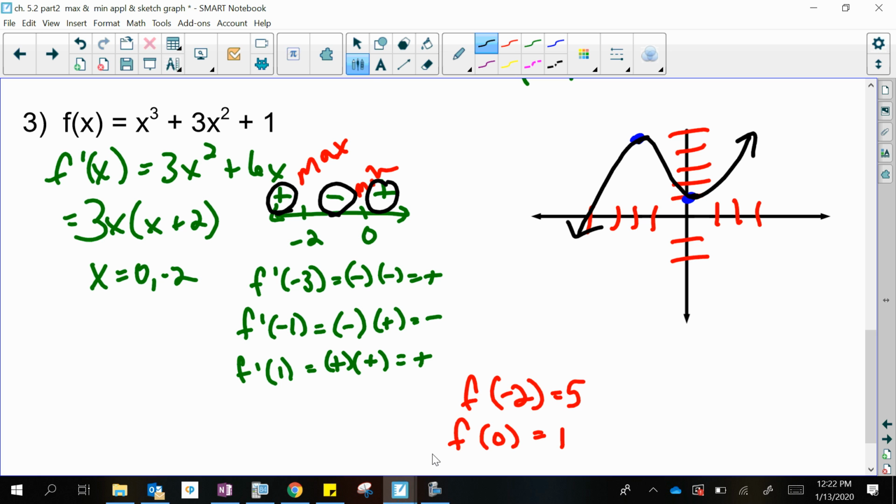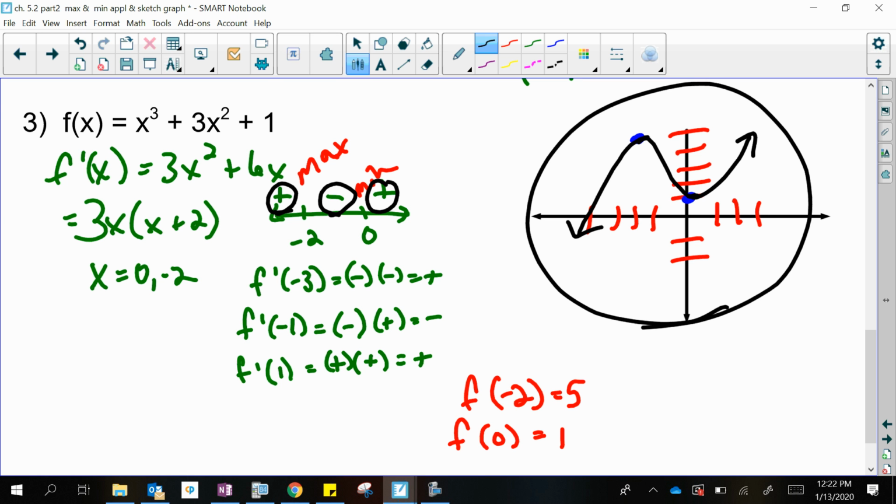Everybody pay attention: don't do just what it's asked on the directions. You're going to find the relative mins or maxes, but then you're also going to sketch the graph, just like we just did. Other than that, it's just like homework from last night, only you want to end up with a graph like this. All right, everybody clear about that?